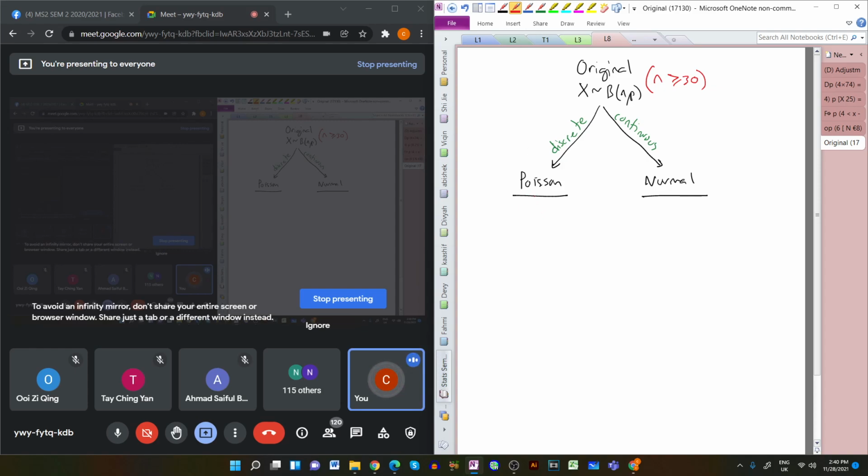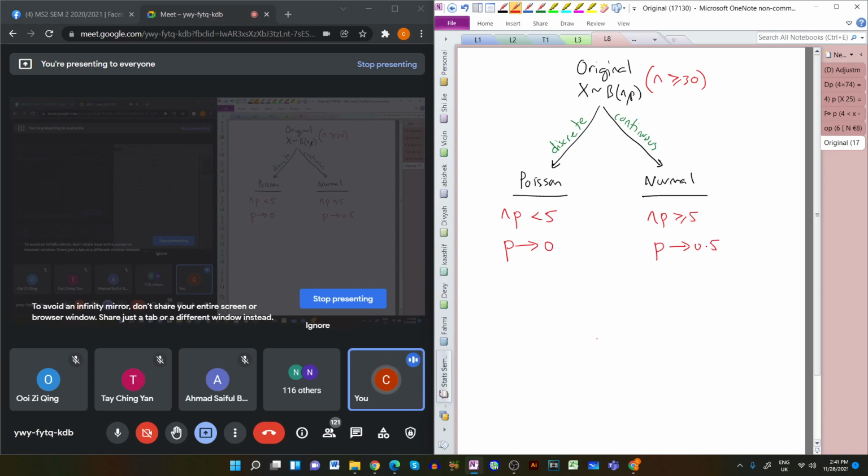For Poisson, n times p must be less than 5. For normal, n times p must be greater or equal to 5. If p is near to 0, you can use Poisson. If p is near to 0.5, then you can use normal.